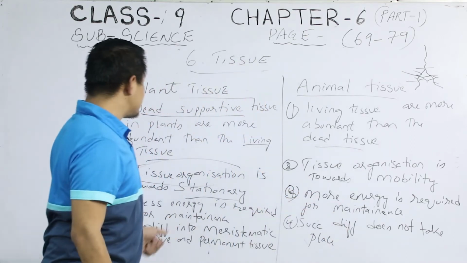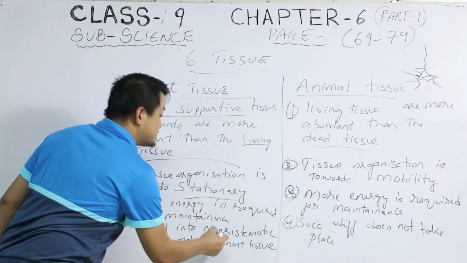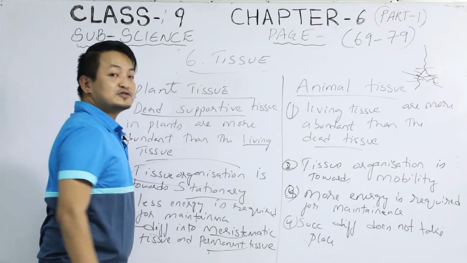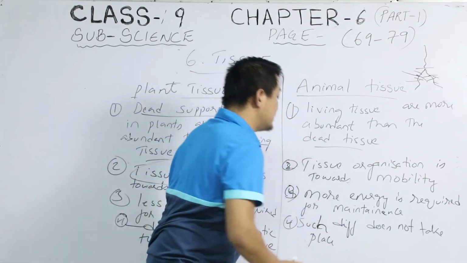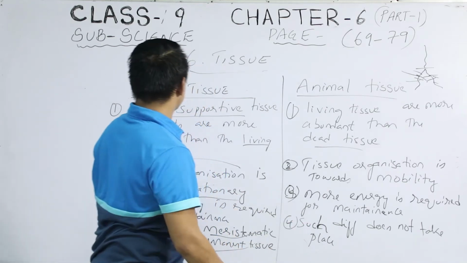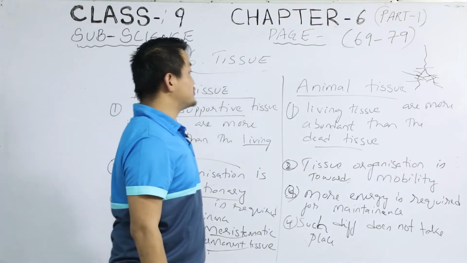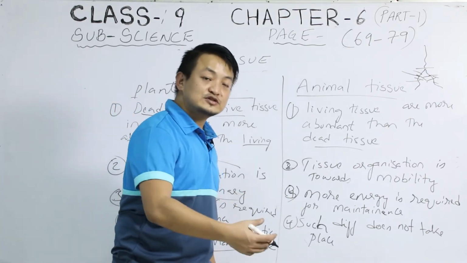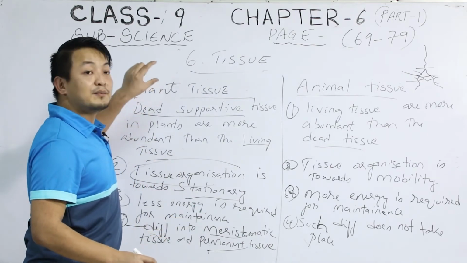Okay, and the last point is they can be differentiated into meristematic tissue and permanent tissue. Whereas for animals, such differentiation does not take place. Okay, so you can note these 4 points of difference between the plant tissue and animal tissue. And in the next topic, we are going to discuss in detail about the plant tissue.